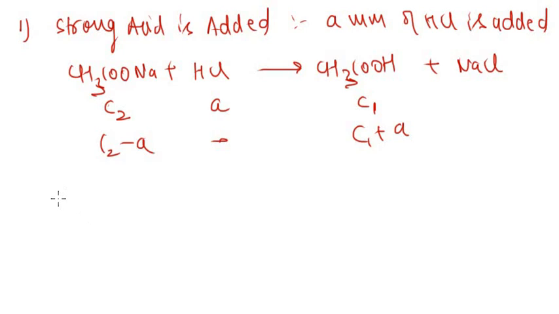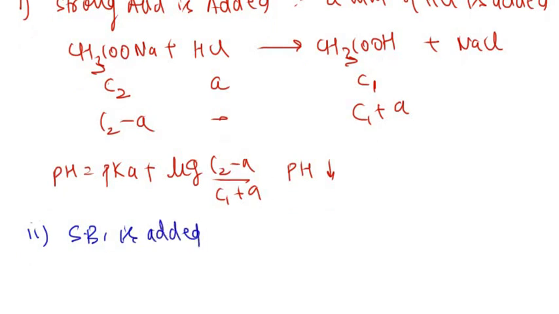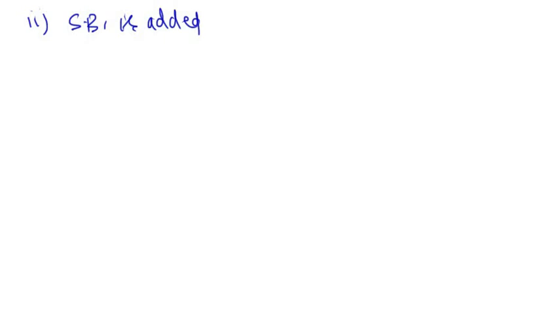So pH comes out to be pKa plus log of (C2 minus A) upon (C1 plus A). So pH will reduce. When we have added strong base, let's say B millimole is added.